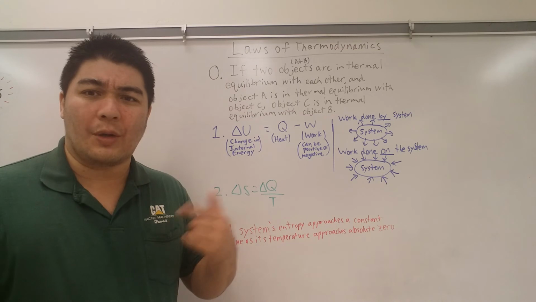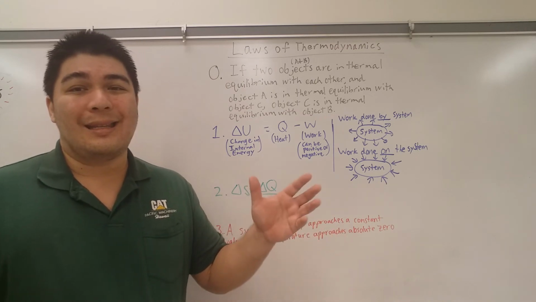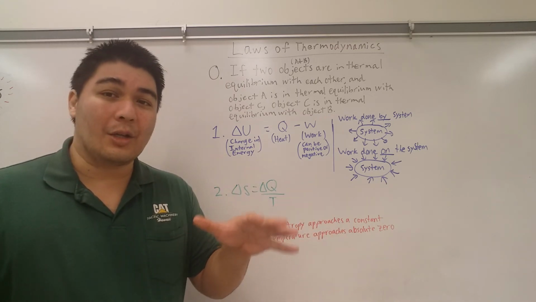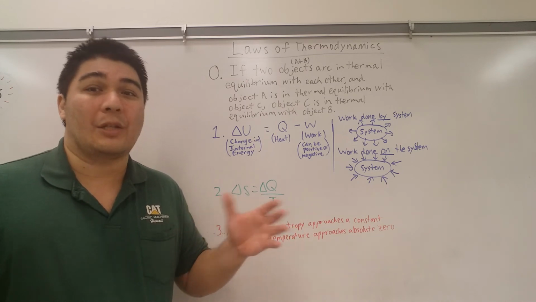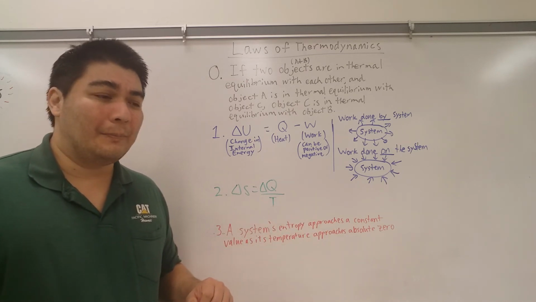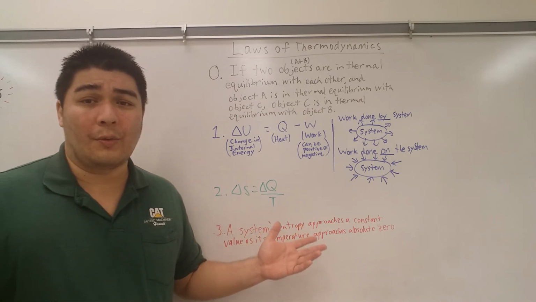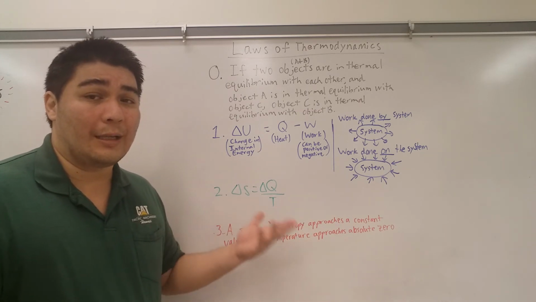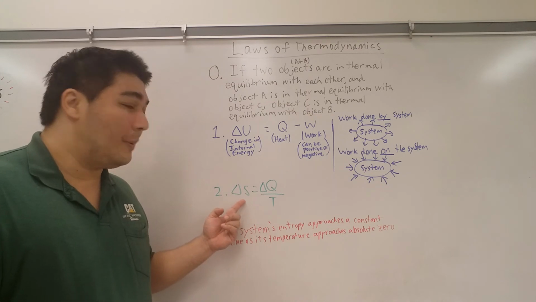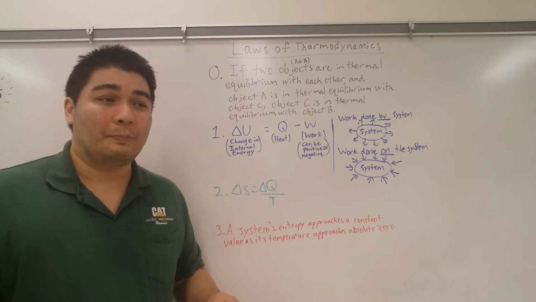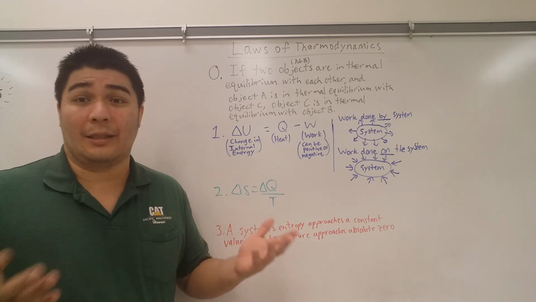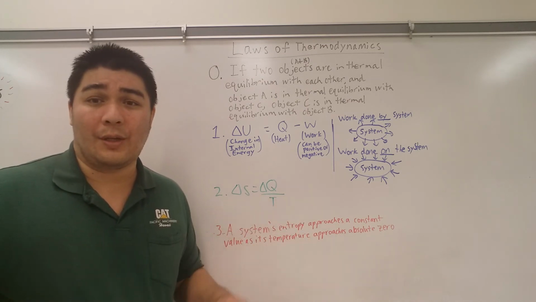Some of you might be thinking, so entropy means disorder. Yes and no. On a surface level, you can think of entropy as disorder, but it's not really the best way to think about entropy. I'll go over that in another video. But the entropy of the universe must always go up with every natural process, and I'll explain what that even means in another video as well.